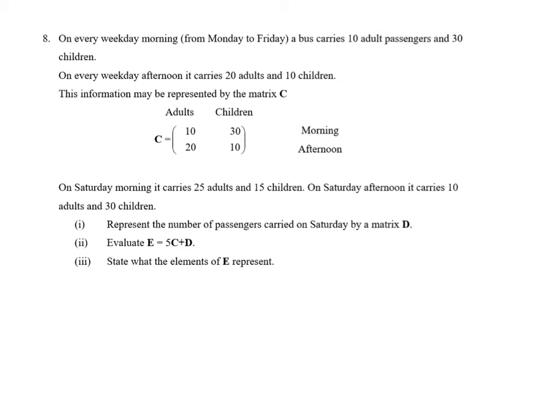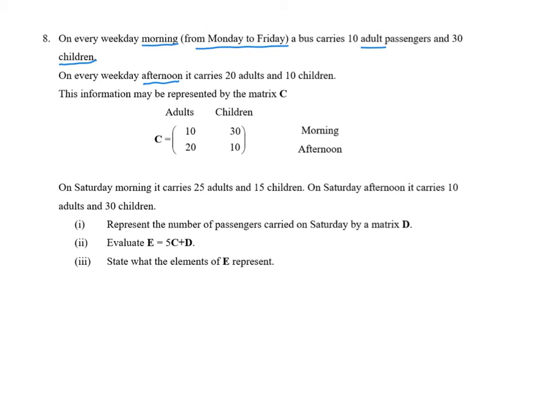Question 8. On every weekday morning from Monday to Friday, so I'll have 5 weekdays, a bus carries 10 adult passengers and 30 children. On every weekday afternoon, it carries 20 adults and 10 children.